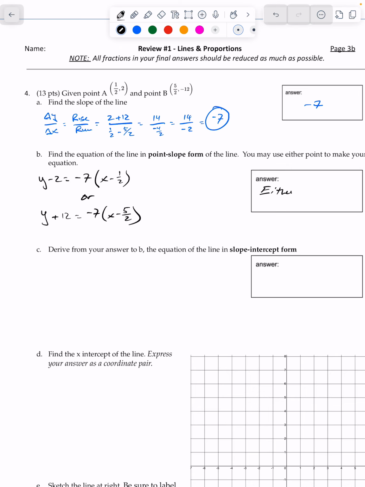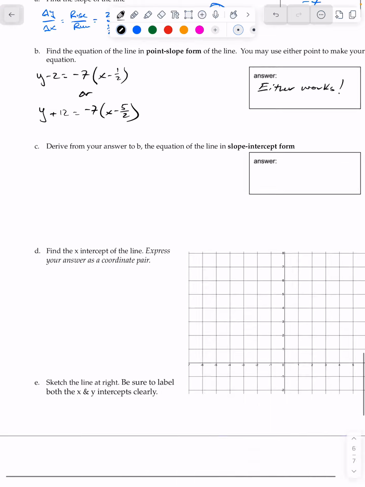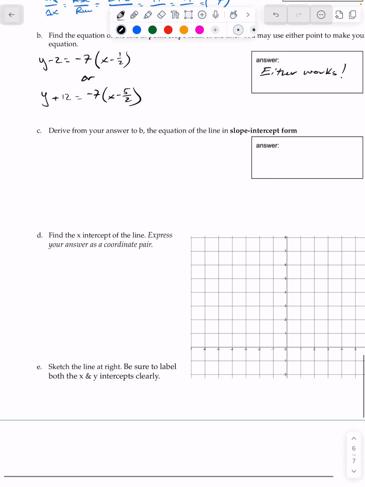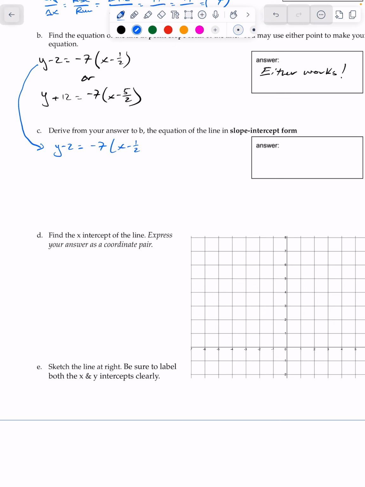Either works. Now from your answer to B, so I'm just gonna do using that particular answer. So y minus 2 is negative 7 x minus 1/2. And I'm gonna choose first to distribute my negative 7. So y minus 2 is negative 7x plus 7 over 2.